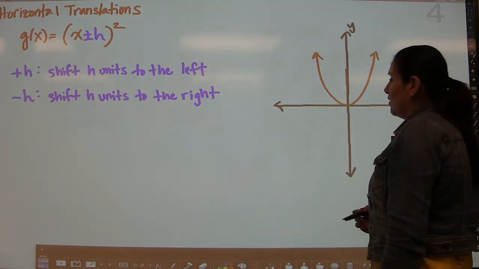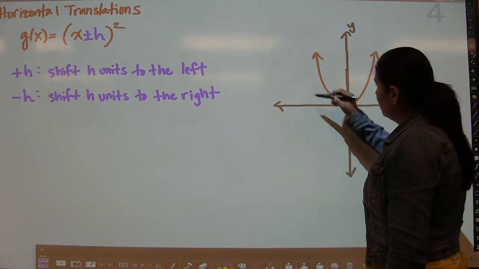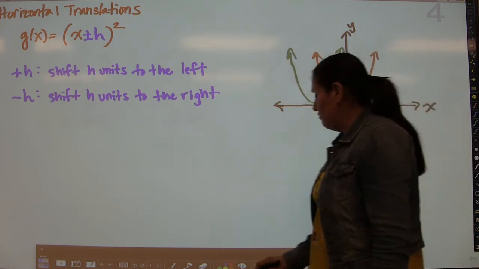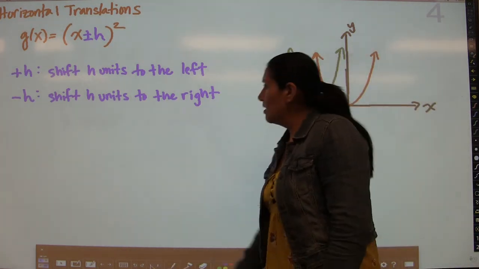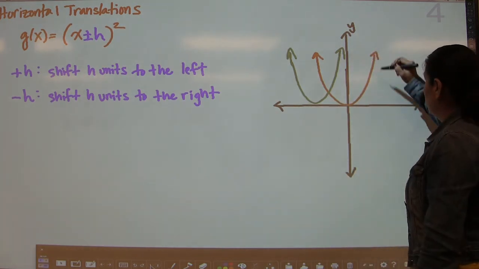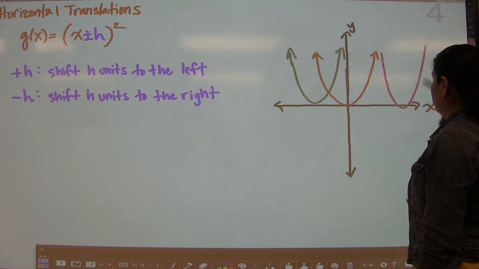If I was shifting the graph to the left, it means that the graph is going to be this direction, same graph but shifted to the left. And if I have the negative h value, then it's going to shift h units to the right, so that would be same graph but shifted over here. Alright, so that's basically what it would look like.